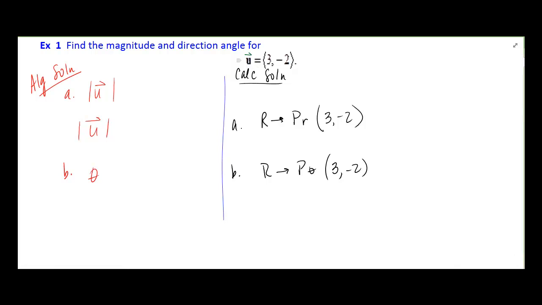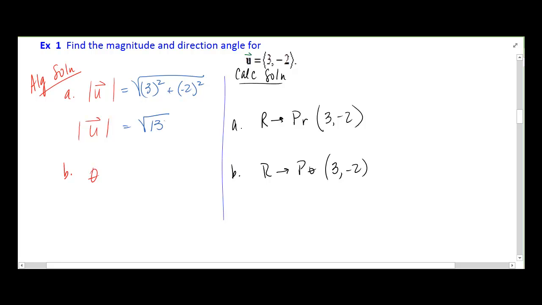Our formula above told us that it comes from the square root of my a squared term, which would be 3 squared, plus my b term squared, negative 2 squared. So in other words, 3 squared, which would be 9, plus 4 gives me a magnitude for u of the square root of 13.